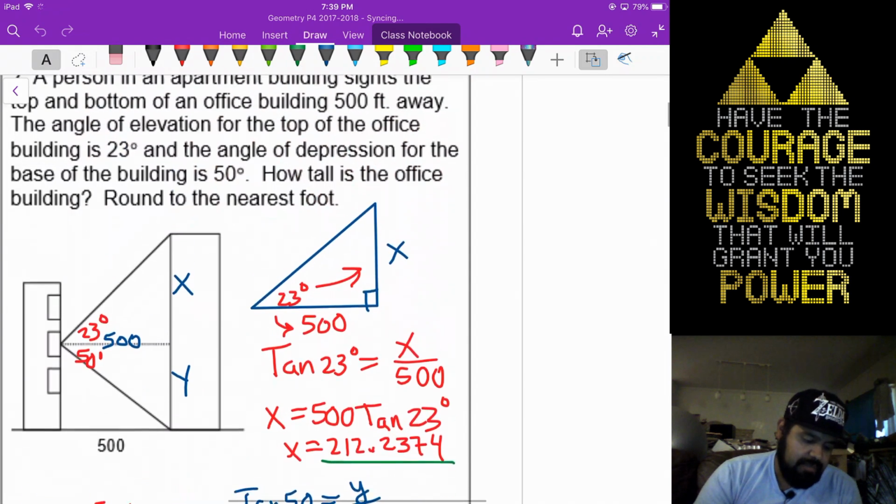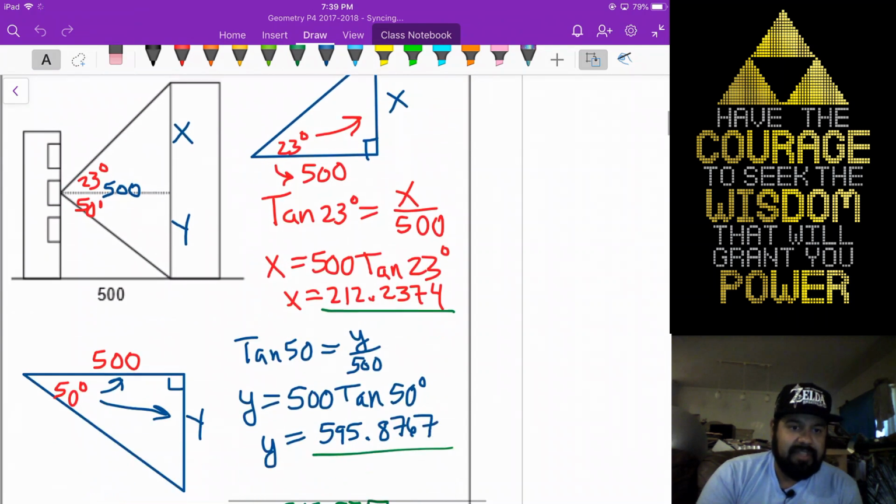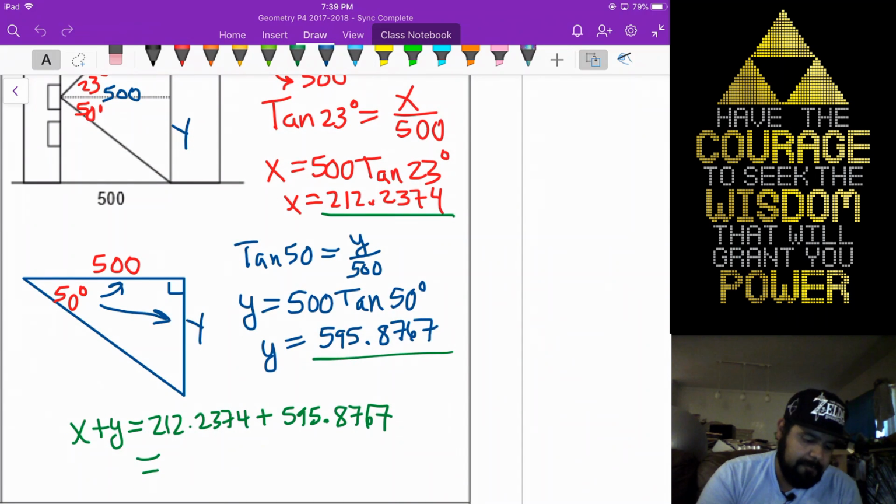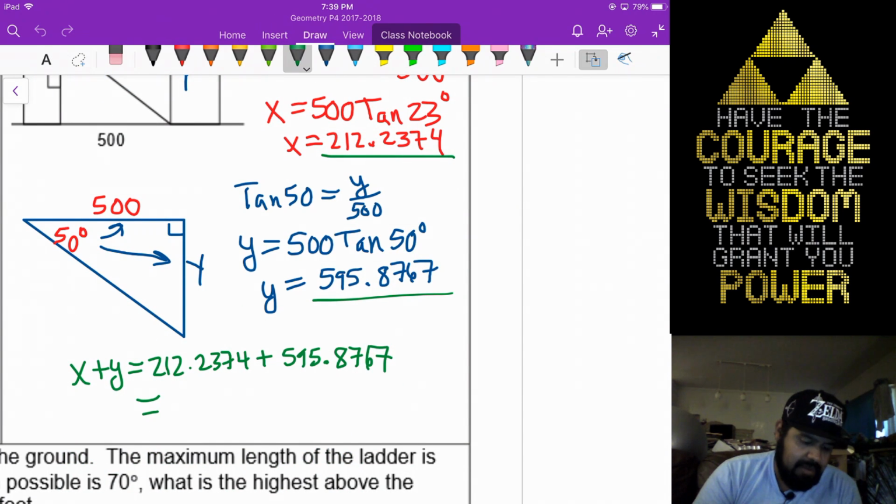Now, in the problem, we say round to the nearest foot, so that means round to the nearest whole number. So what Sarah would probably round it to is 808 feet.